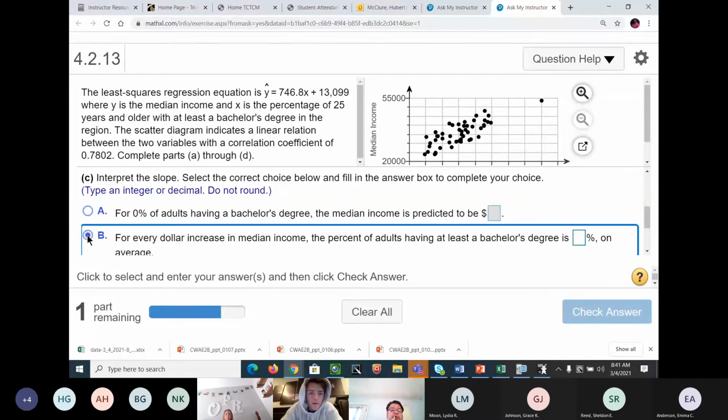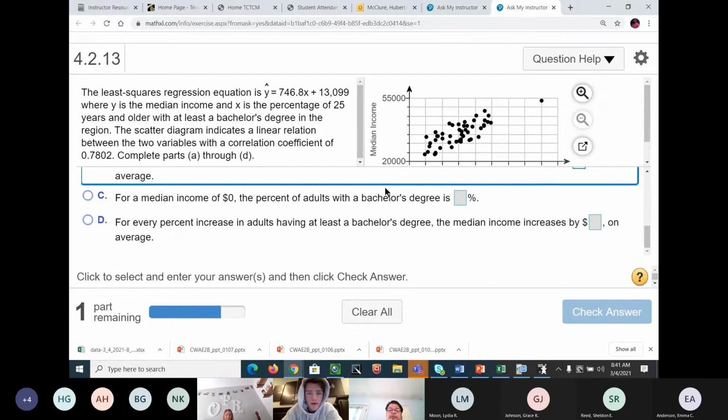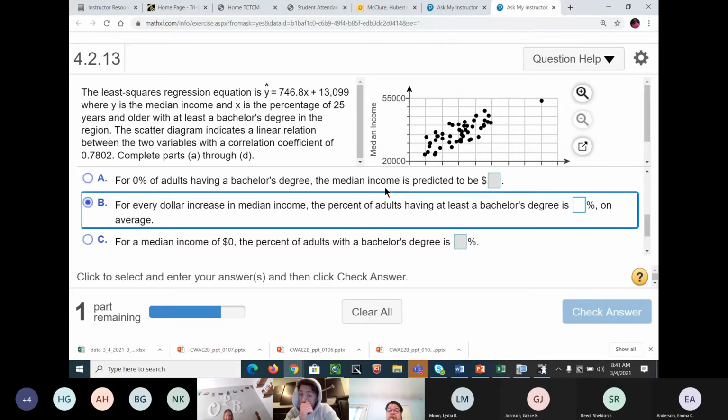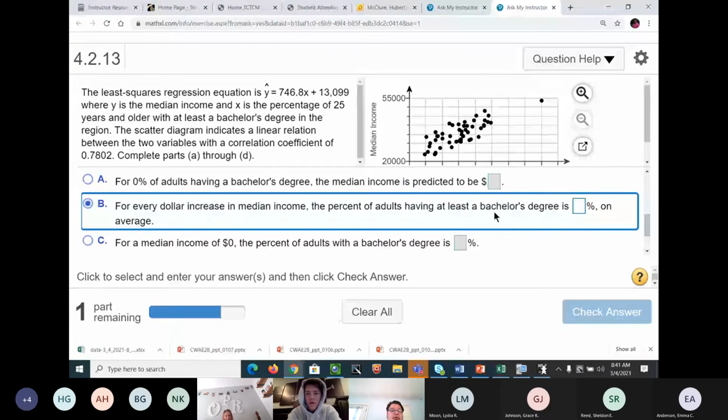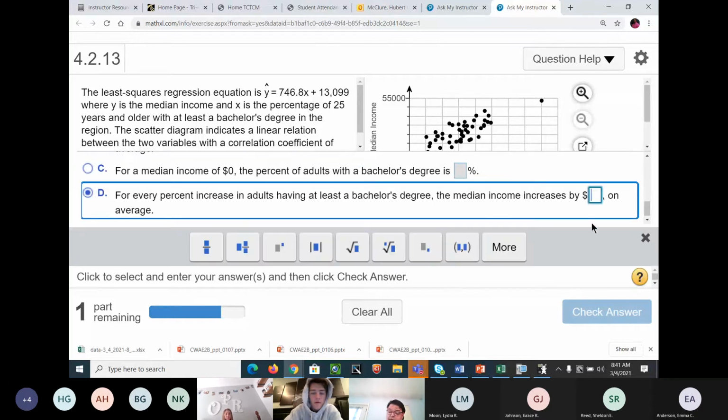Interpret the slope. The median income increases by $746.80. That should be the answer.